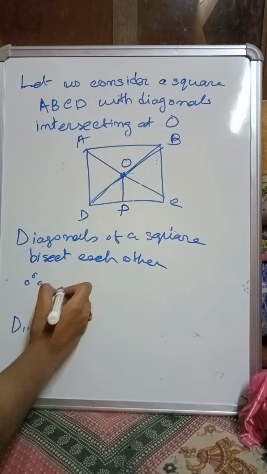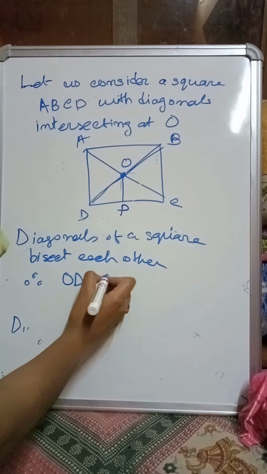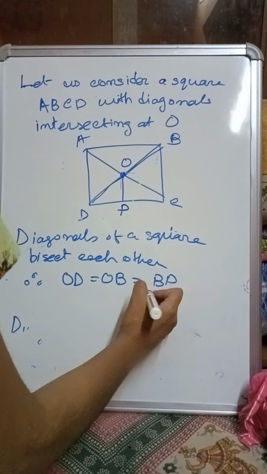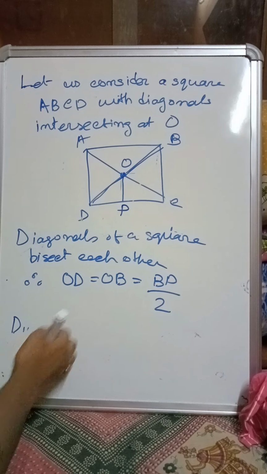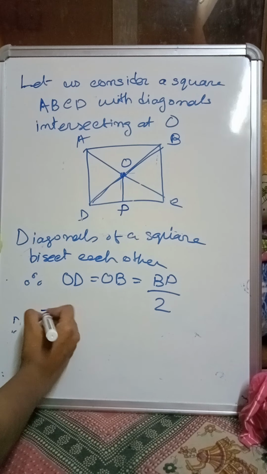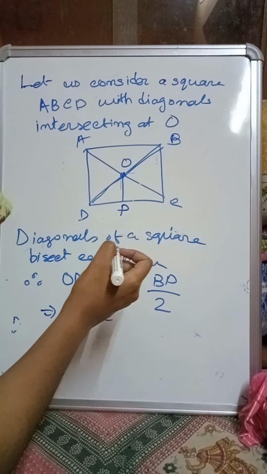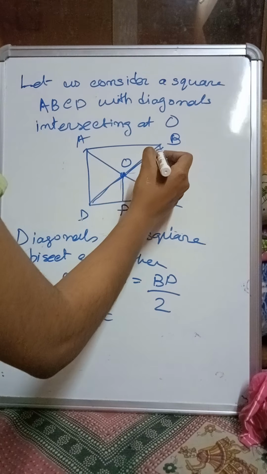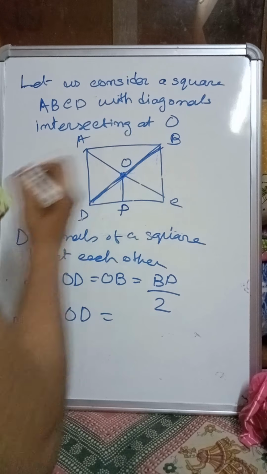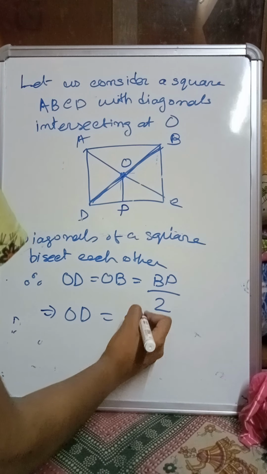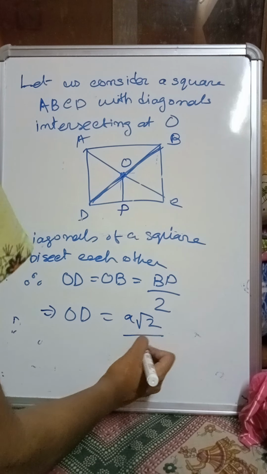So therefore we can write OD equals to OB equals to BD by 2. Okay, so OD equals to, what is BD? BD is the diagonal. So we have already calculated the diagonal, that is a root 2. So this is a root 2 by 2.